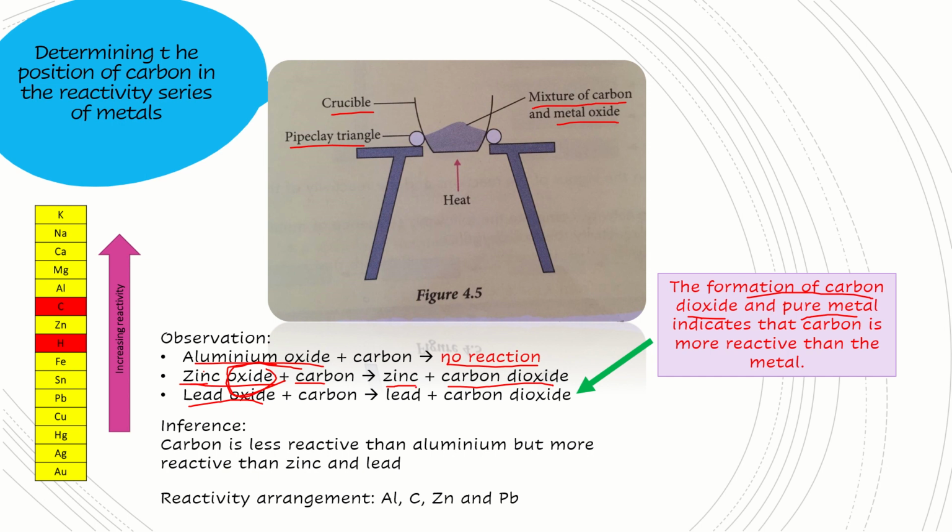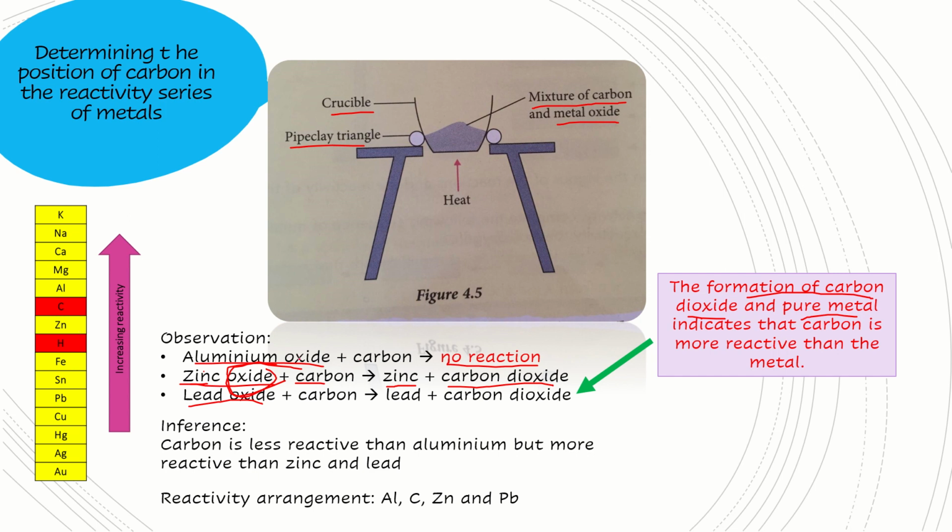That is why zinc dia tinggal sorang-sorang. Kita dapat pure zinc. And carbon tadi sebab dia dah remove oksigen, dia akan membentuk carbon dioxide. Carbon dia lagi reaktif sebab tu dia boleh remove oksigen from zinc.